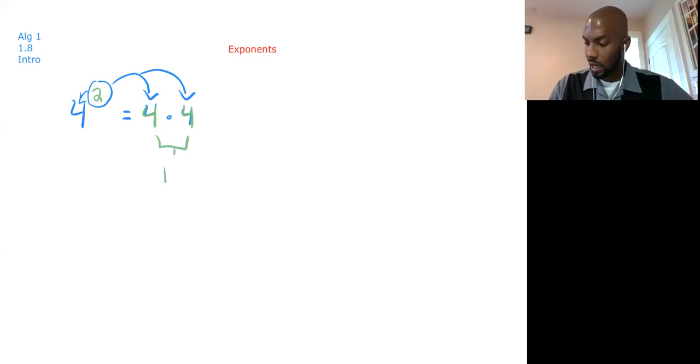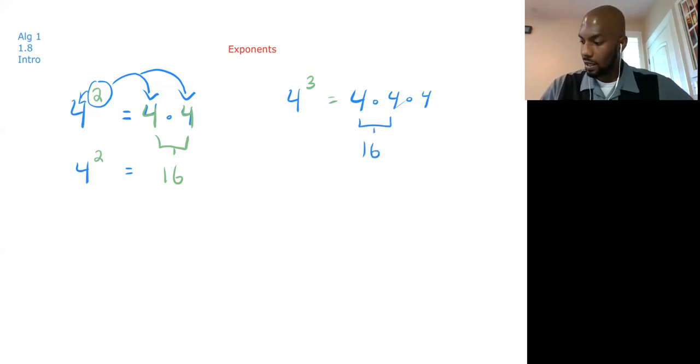This is where the times tables comes in handy. So 4 squared is 16. Let's try 4 to the third power. Let's see what that gets us. 4 to the third power is 4 times 4 times 4. 4 times 4, again, is 16. Drop all the symbols that I haven't used.